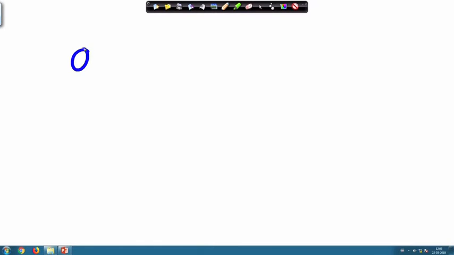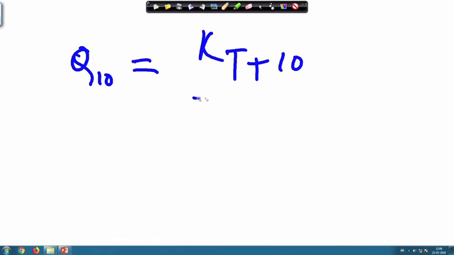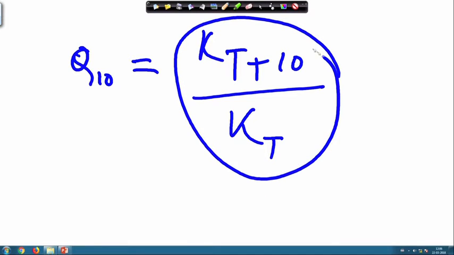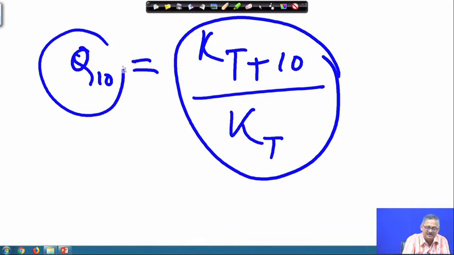So, Q10 is said to be K(T+10 degree) over K(T). This K(T+10) over K(T) is referred to as Q10, or this is termed as the temperature quotient.